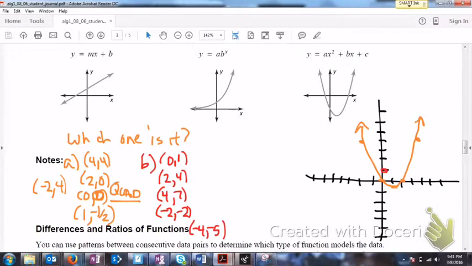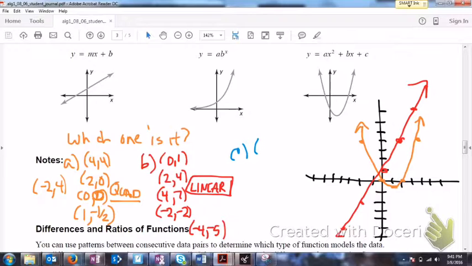Alright, let's go ahead and graph those points. (0, 1), (2, 4), right there. (4, 7), right there. (-2, -2). And (-4, -5). What does that look like if we connect those? Now, if I had a perfect graph paper, it's actually a line. So this one would be linear. So based on our graph, we know that that one's a linear.